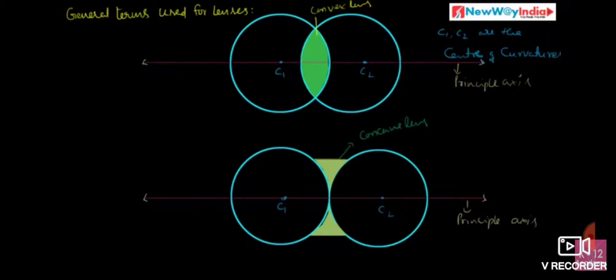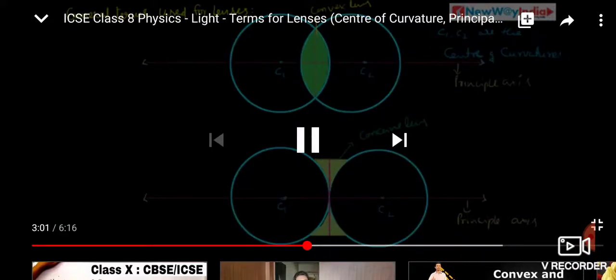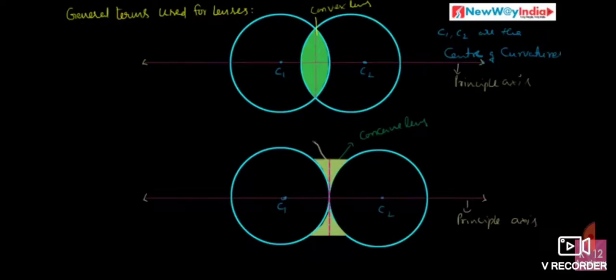Suppose this is the diameter of the lens; here this is the diameter of the convex lens, and this is the diameter of the concave lens. This line is called the aperture.